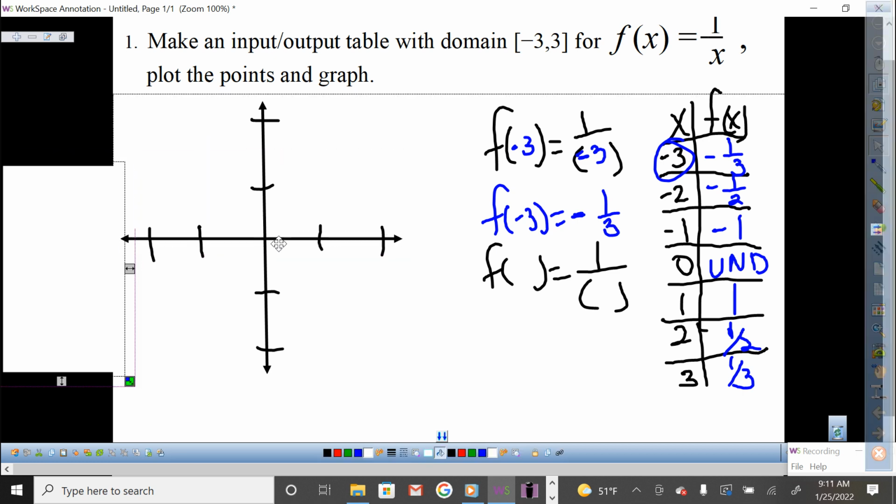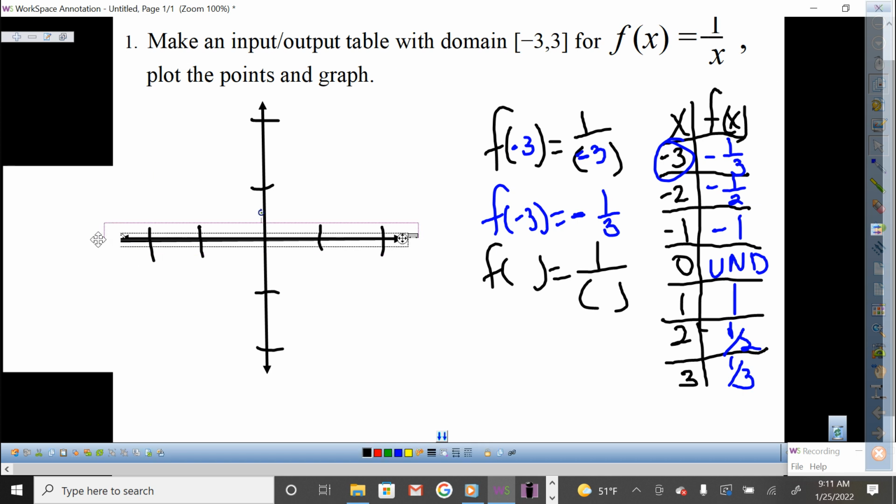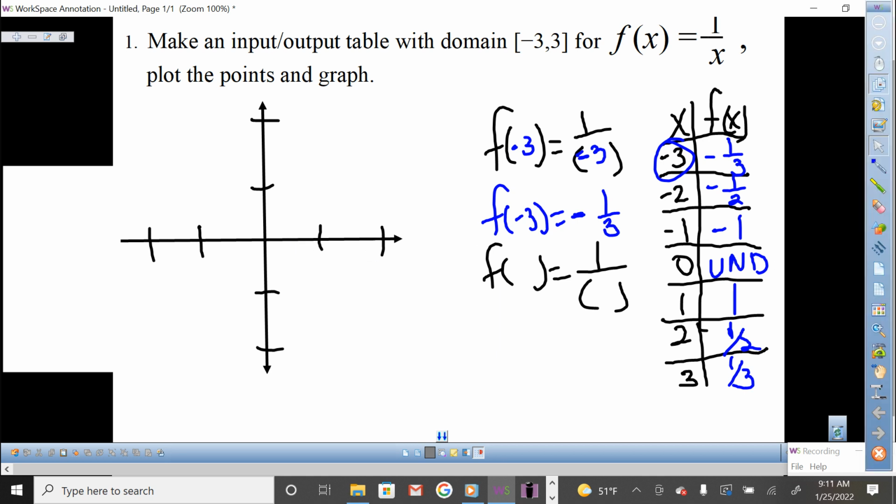Did you guys see what it did? Yeah, very funny graph. Alright, so I'll just add negative 3 right there, positive 3 over here. Alright, there it is.